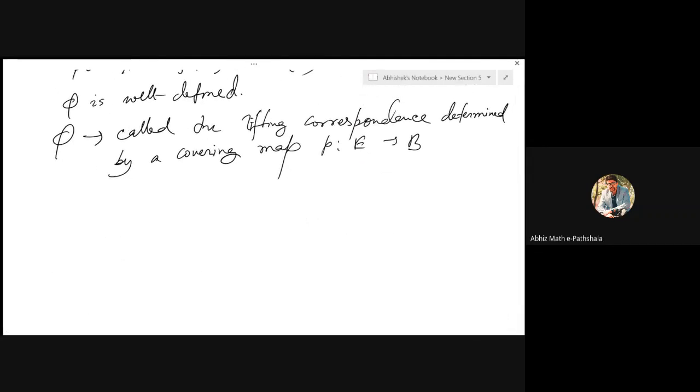Okay. Now, in addition, suppose the domain space E is path connected.